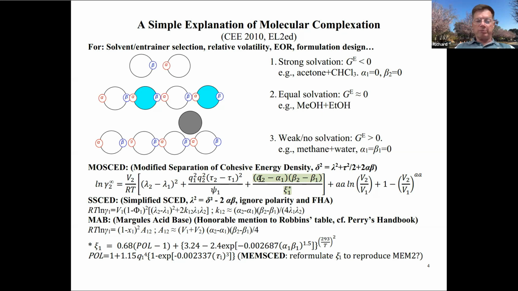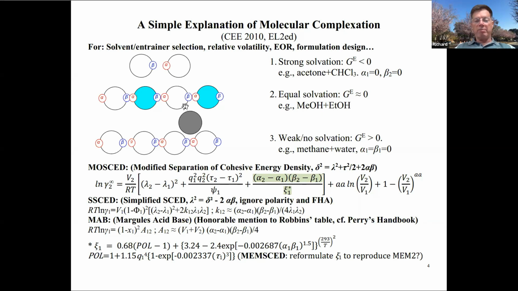then you see that alpha 2 is a positive number minus 0, beta 2 is 0 minus a positive number, so you get a negative number here, and that will give you a negative deviation from ideality. And that's exactly what we see when we mix acetone and chloroform.